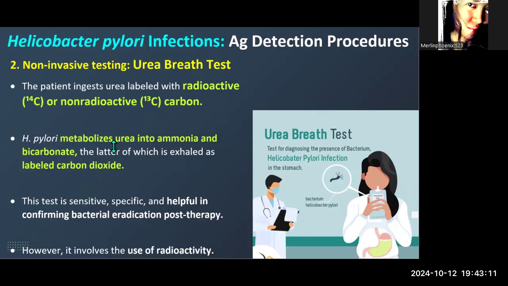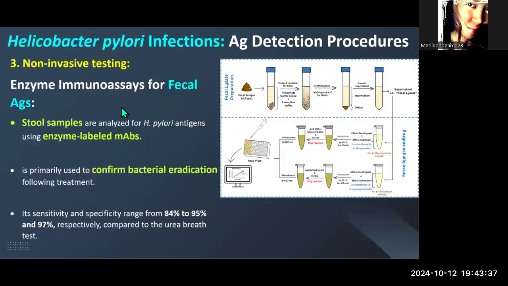H. pylori metabolizes urea into ammonia and bicarbonate, and bicarbonate is exhaled as labeled CO2. This test is sensitive, specific, and is helpful in confirming bacterial eradication after treatment. However, the disadvantage is when using the radioactive carbon 14.